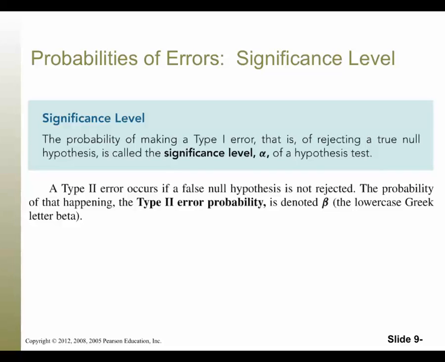That's the idea. And then beta is the probability of making a type 2 error. And so that alpha, the probability of making a type 1 error, is what we call the significance level.